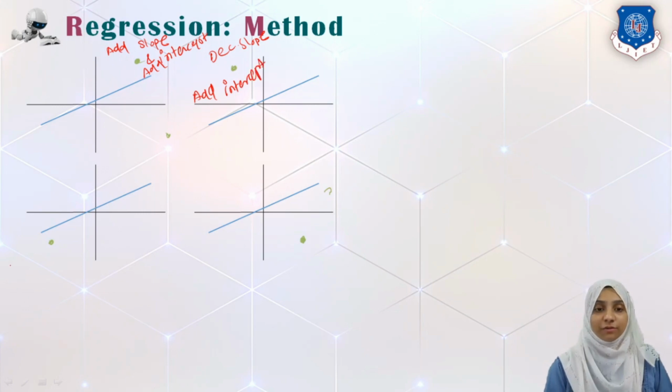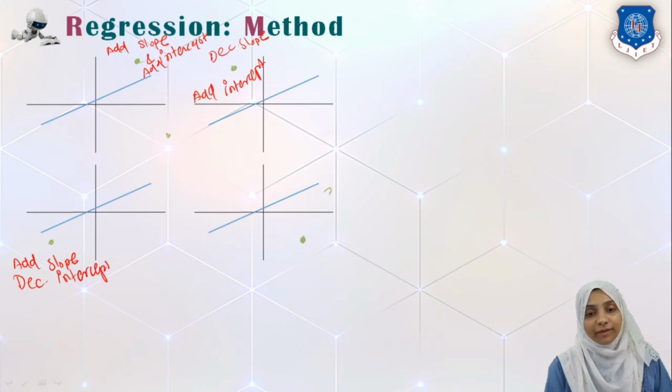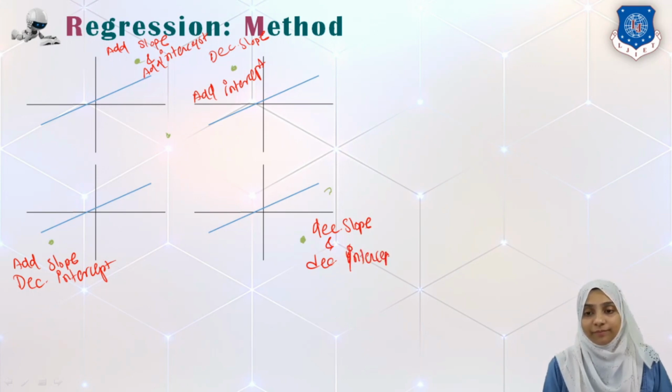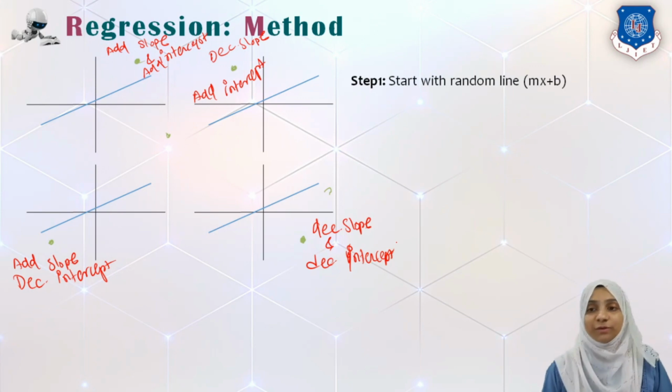If it is in the third quadrant, we have to add slope but decrement intercept. And if it is in the fourth quadrant, we have to decrement slope as well as decrement y-intercept. So these are the four simple rules.